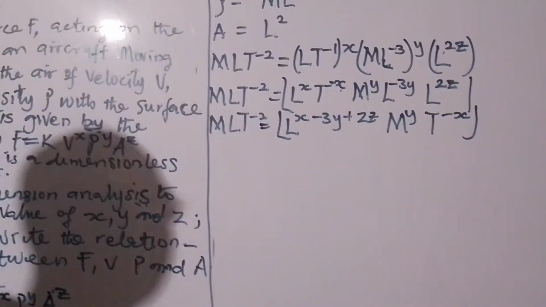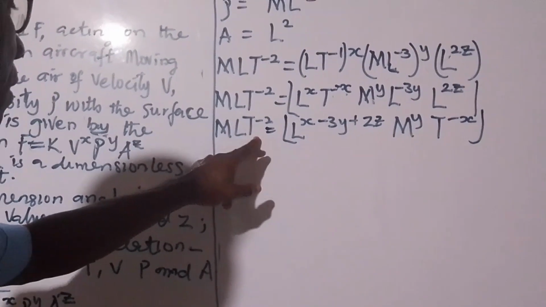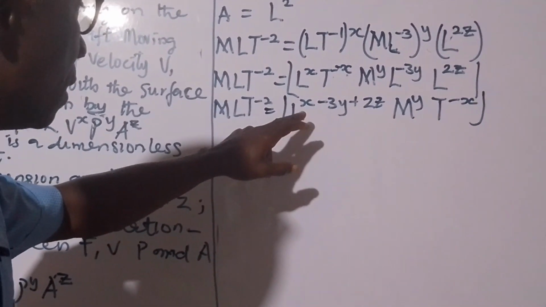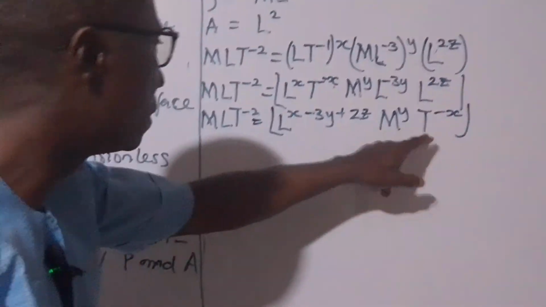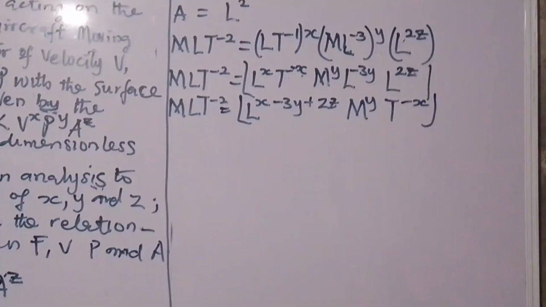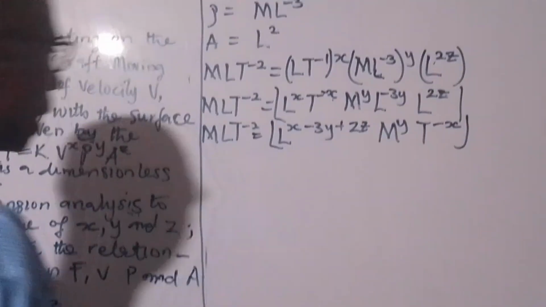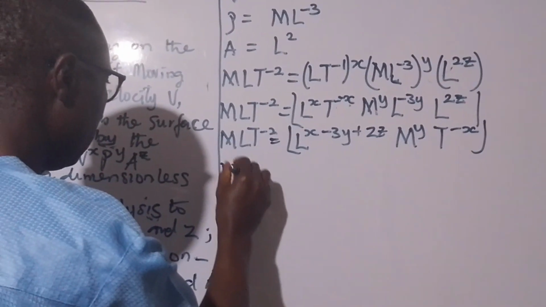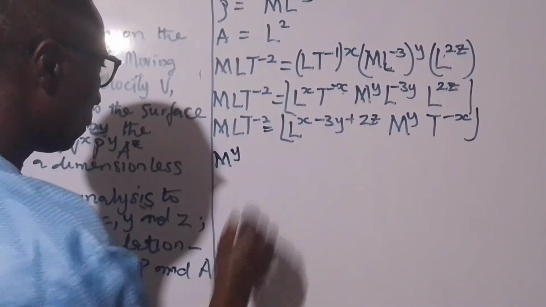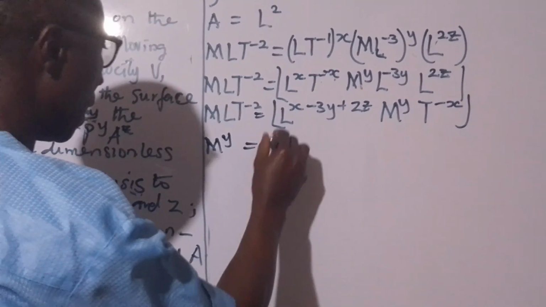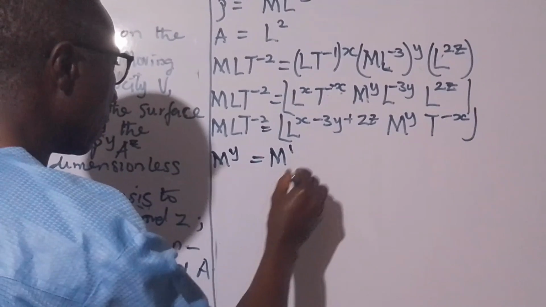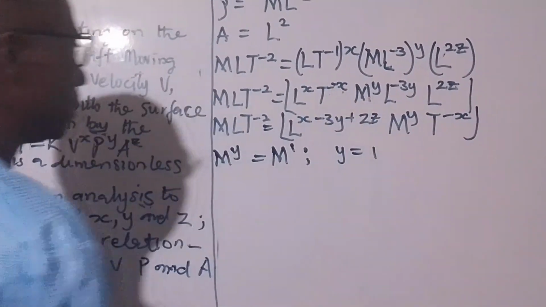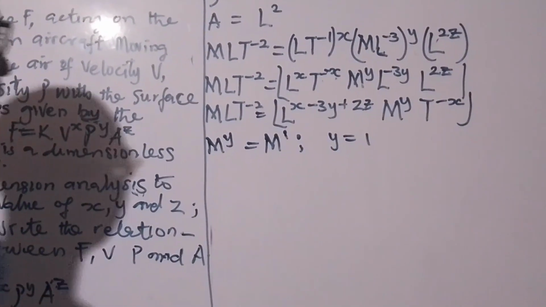Let's compare M, L, T, the 3 quantities. So from there we can now compare M for M. So it means M raised to power y will be equal to M raised to power 1. Here now, y will be equal to 1. Let's take L now.